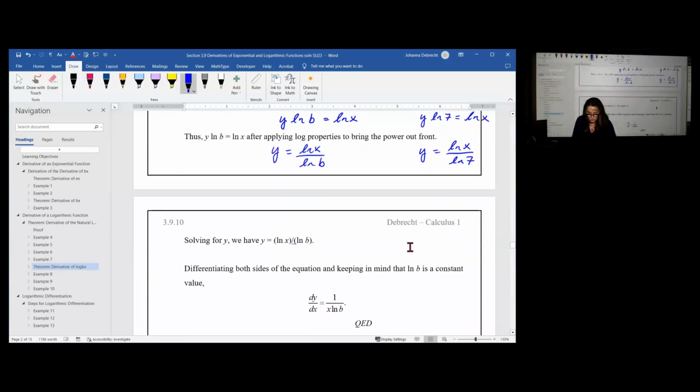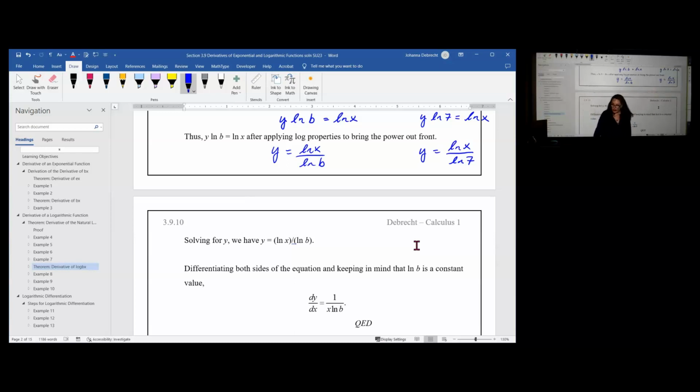Now I'm going to take the derivative. Remember that the natural log of the base is a constant. And you can see that here because natural log of 7 is a constant. That means I can factor it to the front and take the derivative of natural log of x, which means that the derivative dy dx is 1 over x times the factor 1 over the natural log of the base, which gives me 1 over x times the natural log of the base.